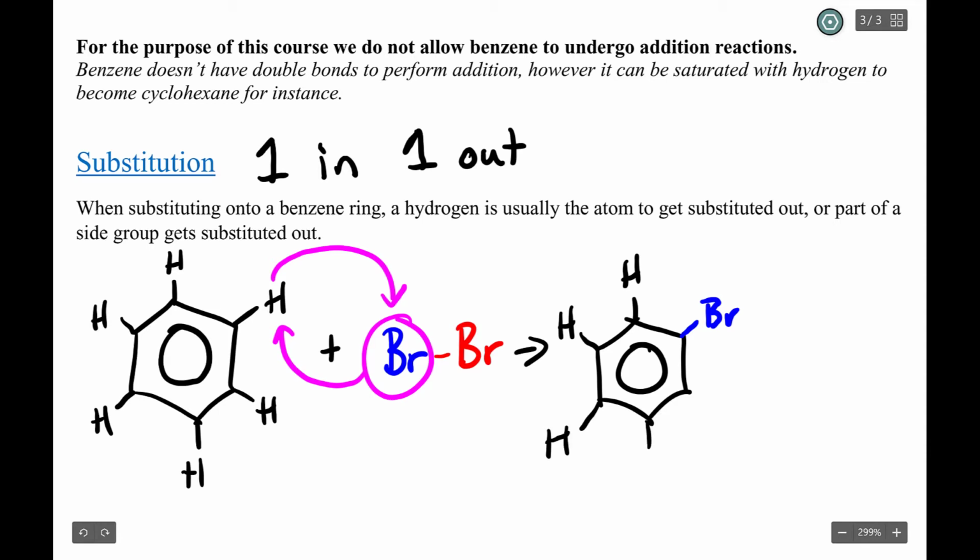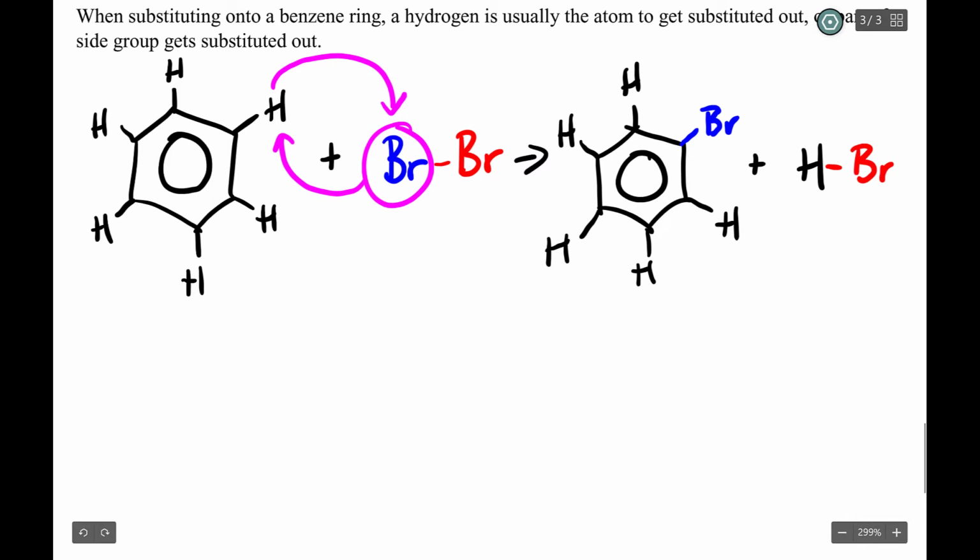I know we haven't started naming halides yet, but this would be called bromobenzene. I do believe this is done with iron(III) bromide present as well, but that's something you don't need to know at this level.